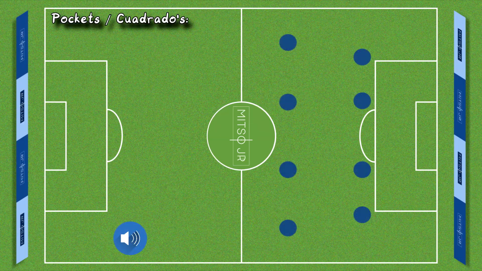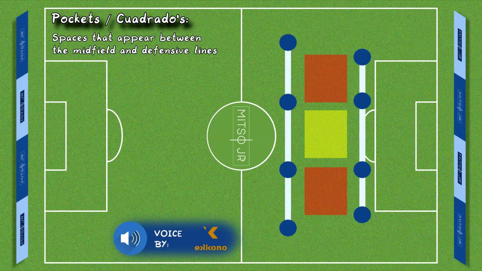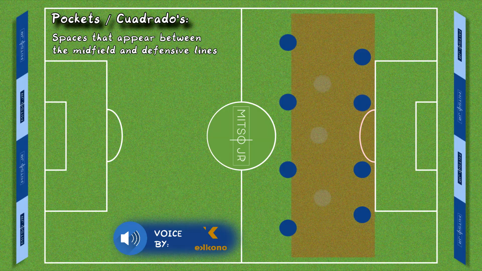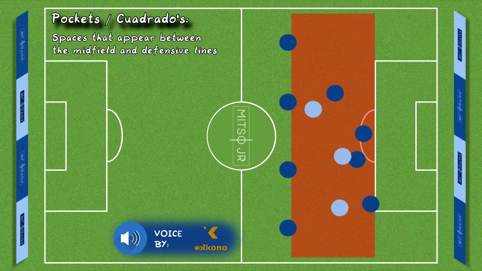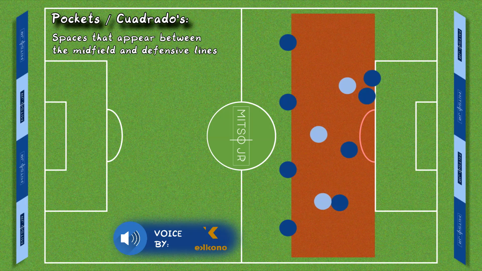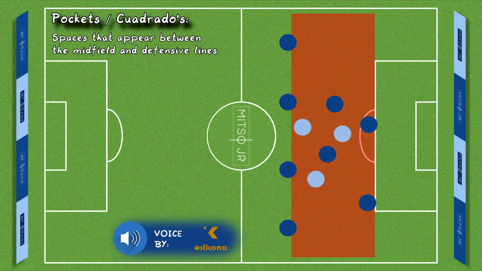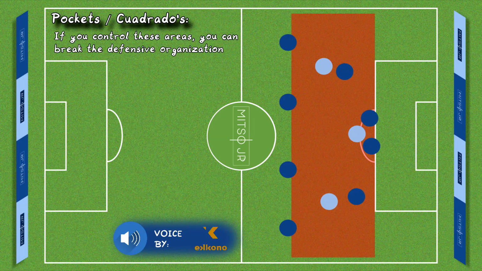The pockets, the quadrados, are the spaces that appear in the defensive block, in the opponent defensive block, in between the lines. When a team is defending, between the midfielder line and the defenders, there are some spaces that sometimes are occupied, sometimes are free, that when you attack, as Xavi says, it's very important to take in consideration, because if you can play to that spaces, you can break the defensive organization of the opponent.